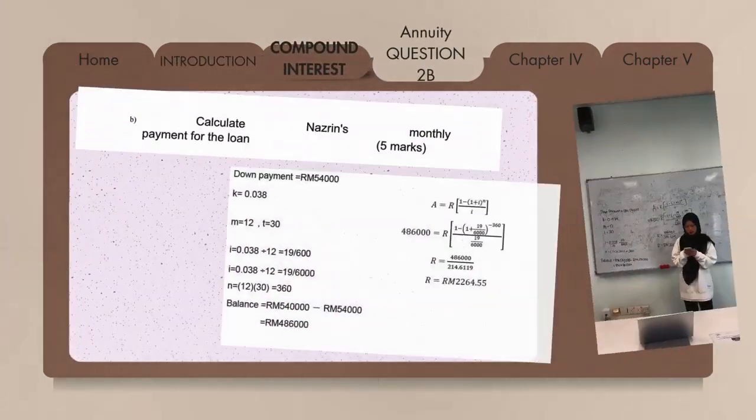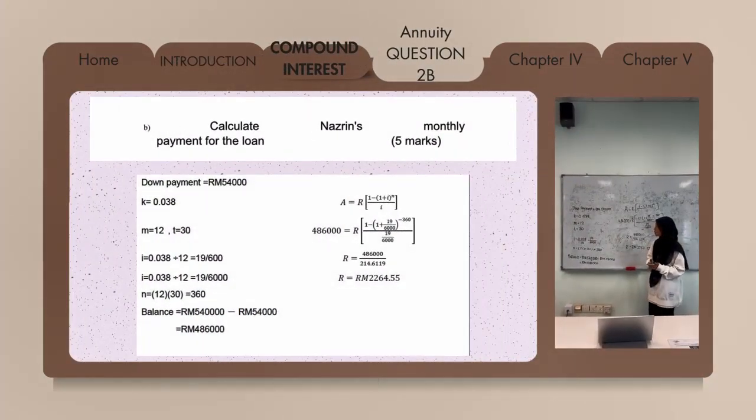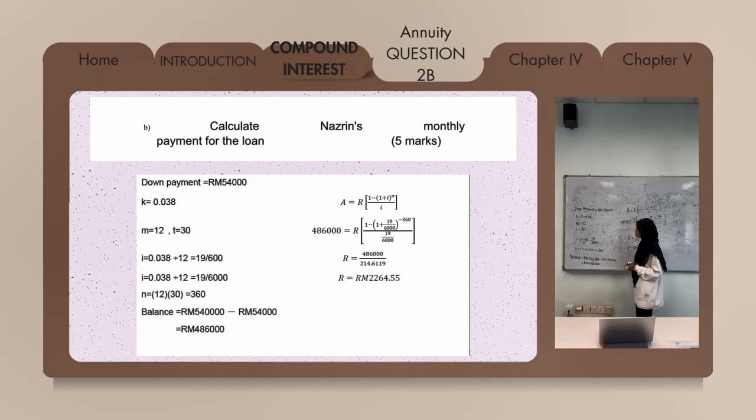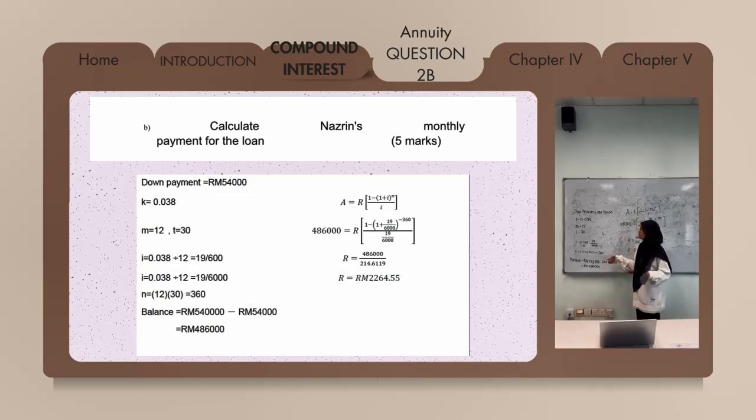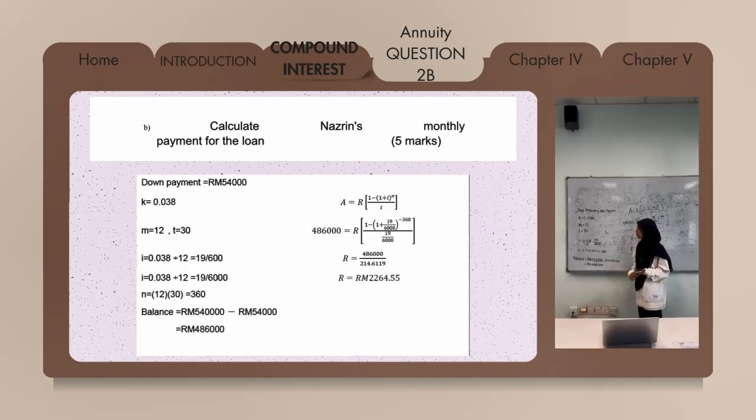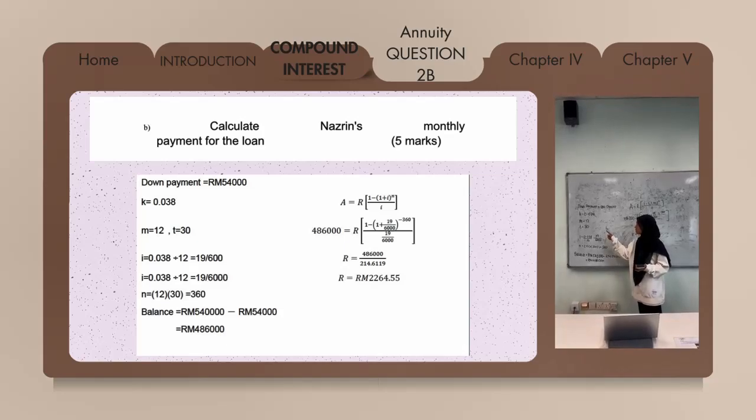For question 2b, we have to calculate Nazrin's monthly payment for the loan. Before we calculate, we have to list all the information given in the question. For Nazrin, the payment is 54,000. K is 0.038, M is 12, and P is 30.